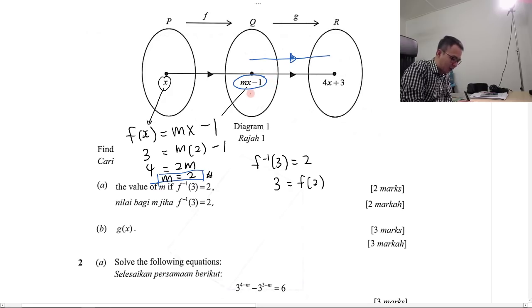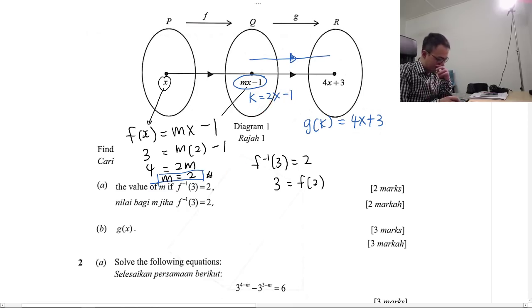So I call the whole thing mx minus 1, which I already have m as 2, as k. Then at least I can easily say g(k) equals 4x plus 3, right? And of course you know what k is, so k equals 2x minus 1. M is 2, I just plug it in.